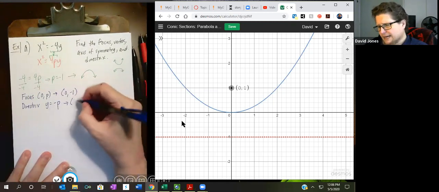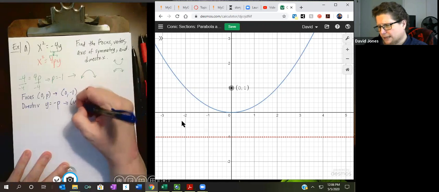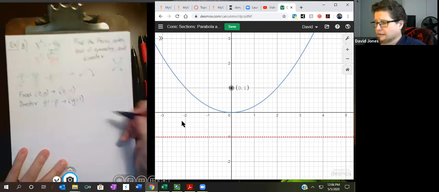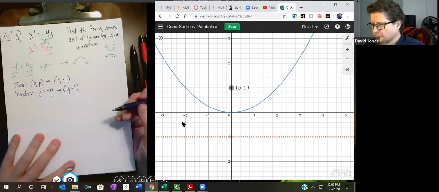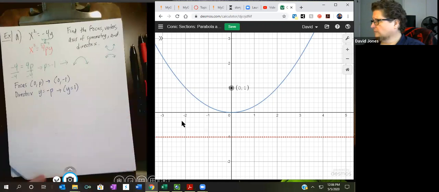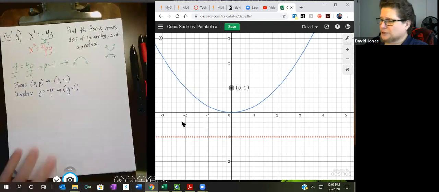Negative p is negative negative 1. We get y equals 1. And something else I didn't show you, I will when we're doing, okay, axis of symmetry.